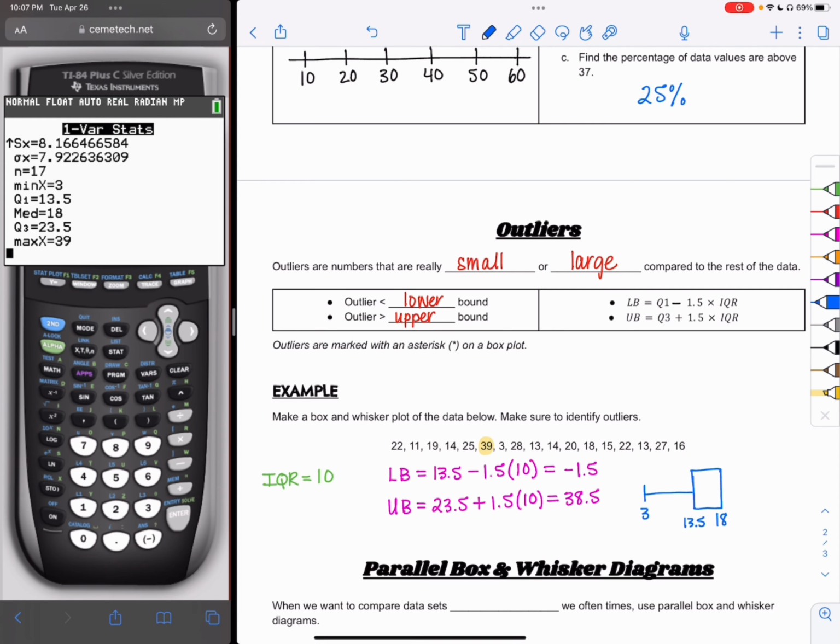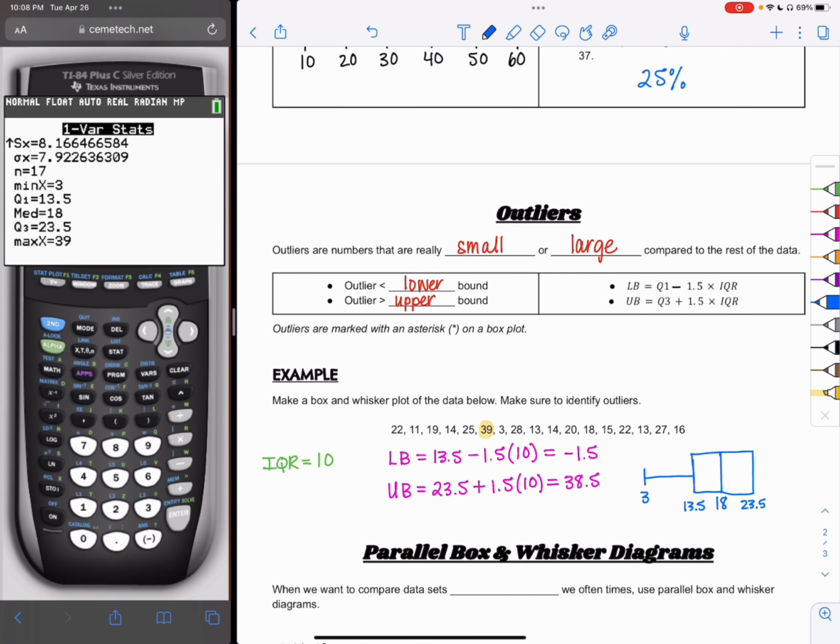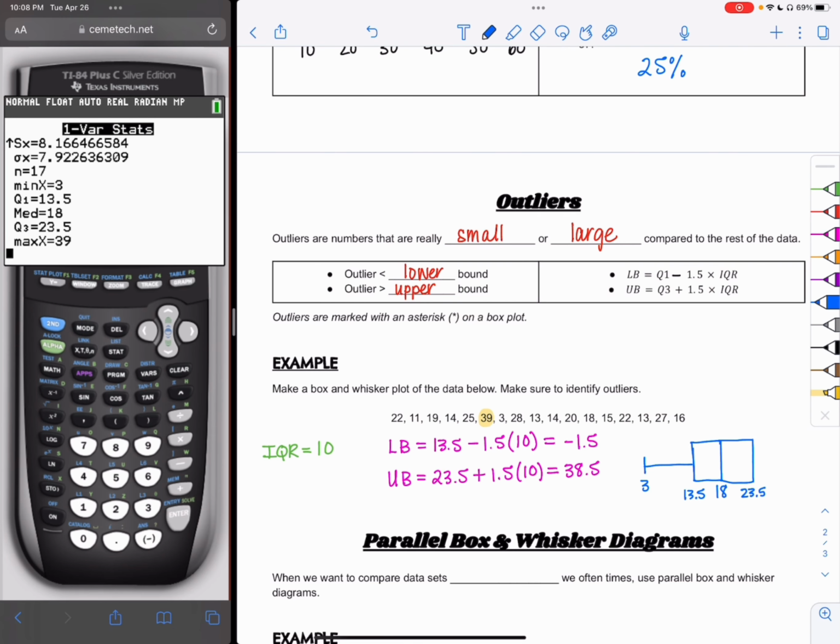And then our Q3 is 23.5. So that's going to be somewhere around here. And we already know that our max is the outlier, which is 39. So when we represent 39, we're going to write it as an asterisk.